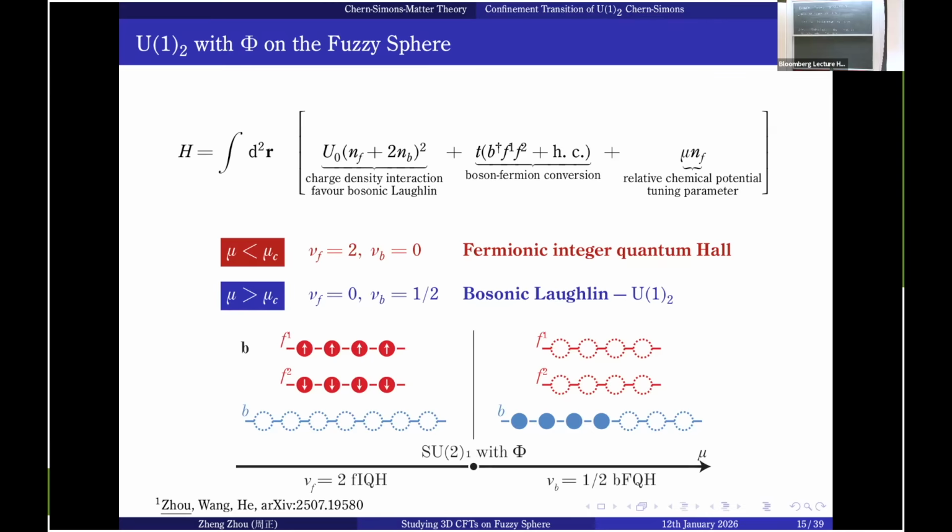Is that the chemical potential you're looking at? Yes, it's not this one. The chemical potential adds an extra penalty to the fermions or to the bosons. Oh, I see. So you're calling it chemical potential, but it's not really coupled to the conserved charge.